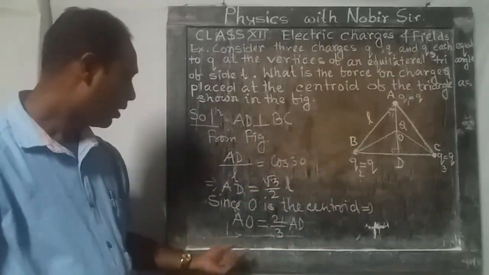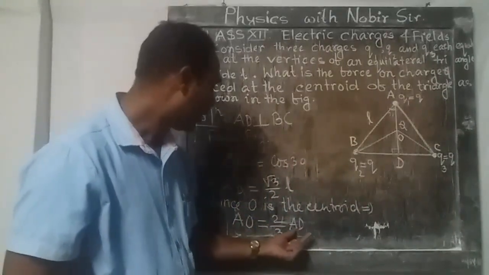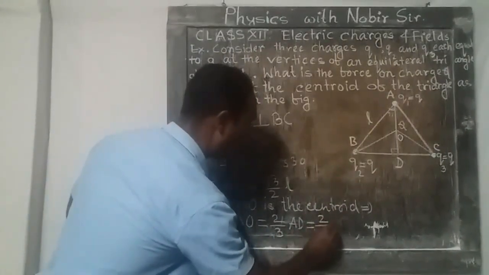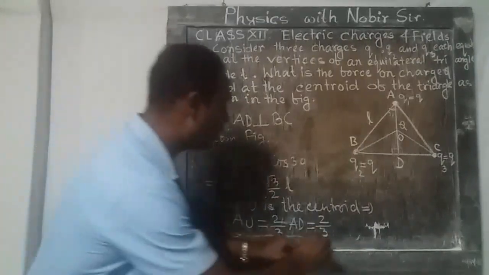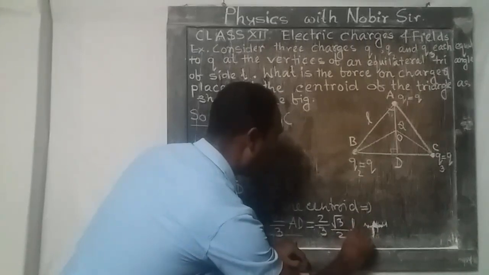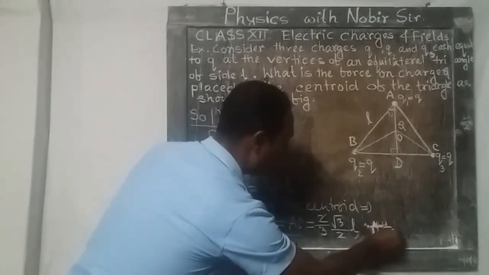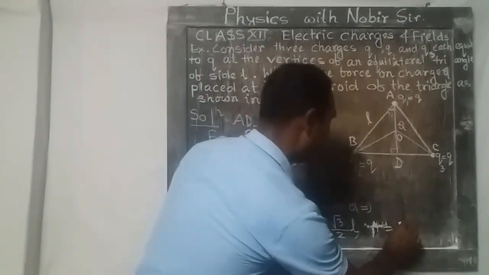So we have found that AO equals 2/3 of AD. AD is root 3 by 2 L. Ultimately, after cancelling, we get L by root 3. So this distance AO is L by root 3.